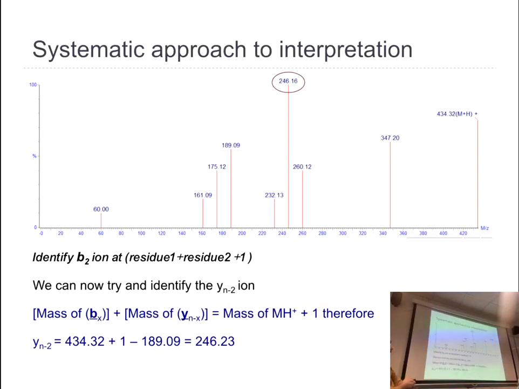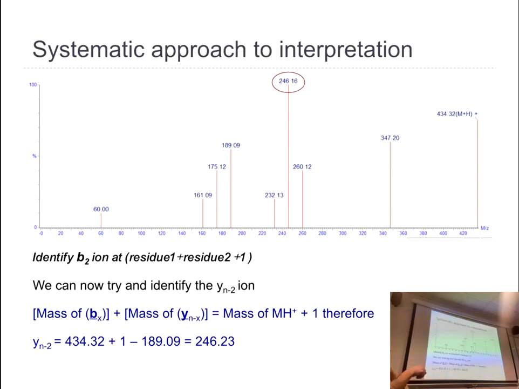Now, what did I tell you? If you have the B2 ion, so if you fragmented your peptide at the second position, you can have the corresponding Y ion. So you can calculate the Yn minus 2, since we don't know how many residues we've got. It would be 434.32, which is the mass of the precursor, plus 1, minus the B2 ion.